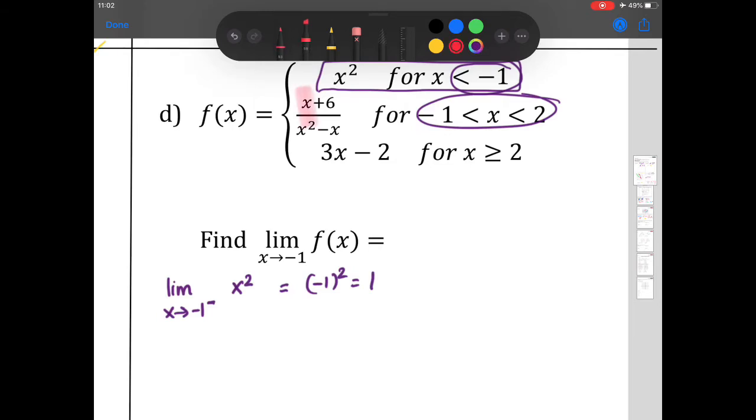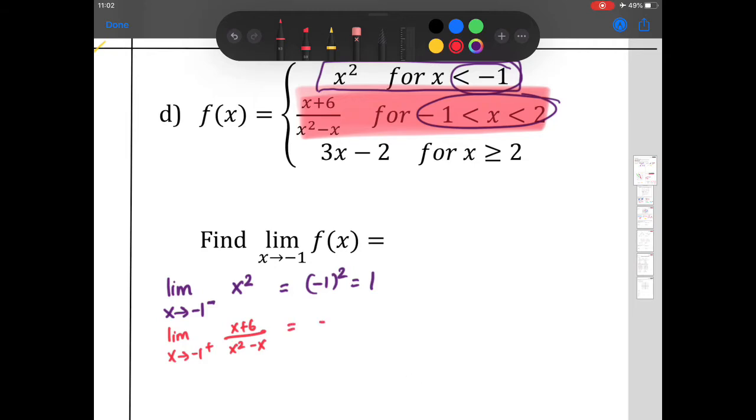We're going to do the same thing from the right, so limit as x approaches -1 from the right of f(x).